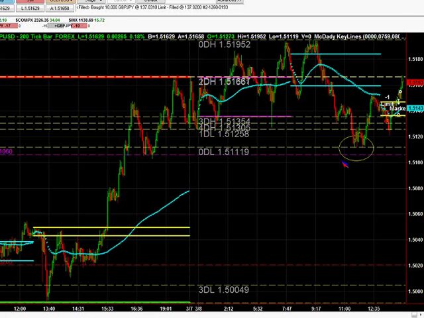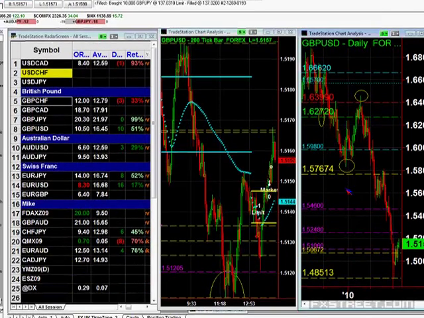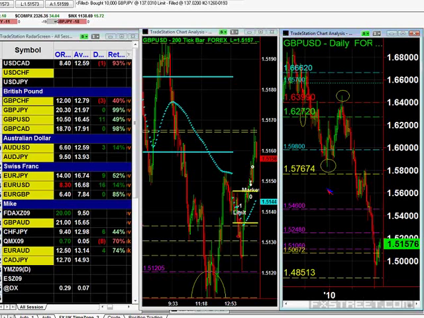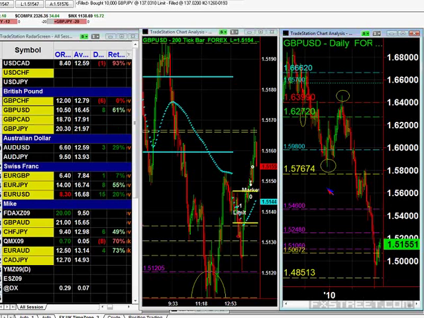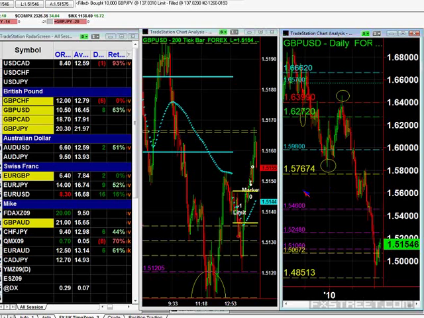For the pound dollar, in this case, it's another significant point. Now, identifying the significant point is one third of the job. Learning how to use it and how the market behaves at this point is where the training comes in.